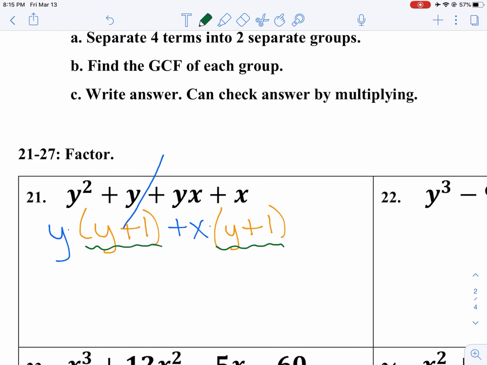That's the GCF. The GCF of the first part is y plus 1. The GCF of the second part is y plus 1. Now, I just did those, but what's left over? What else do we have in each term? We have a y and we have a plus x.